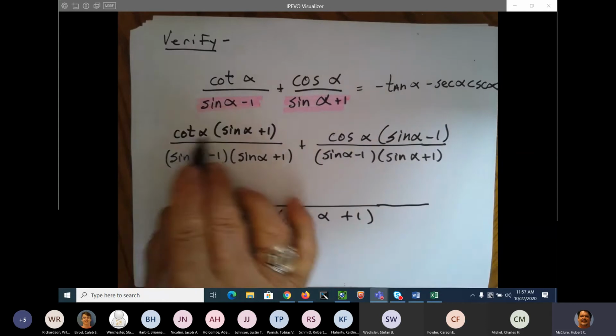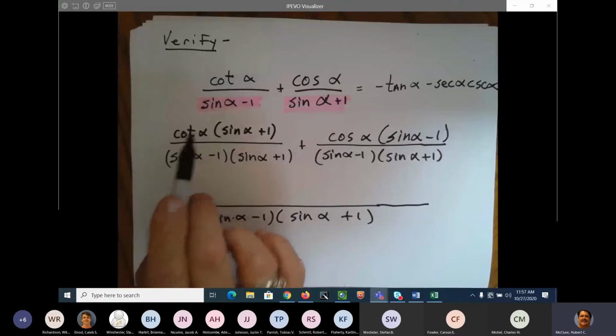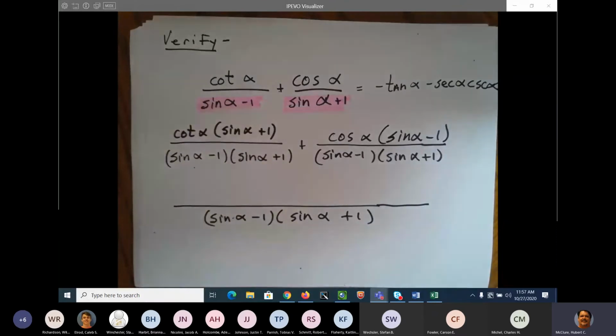And then up here, hey, I can write cotangent as what? How can I rewrite cotangent? Cosine over sine.